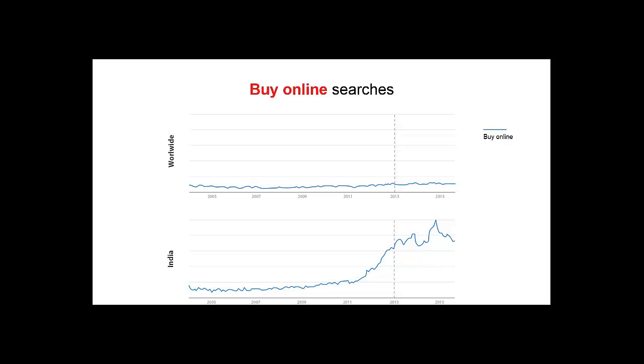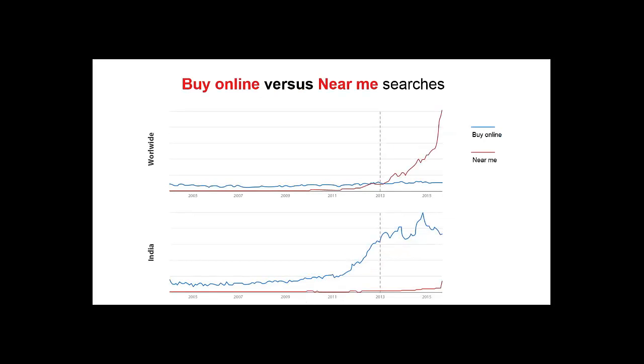So this is one aspect on people who are looking to buy online. But what's really interesting is the next slide, which contrasts this with the number of people who are doing near me searches. So these are people who are likely to fulfill their buying need in their local vicinity. As you would see worldwide, with the adoption of smartphones and GPS enabled devices, there is an exponential growth that happened probably sometime in 2013.